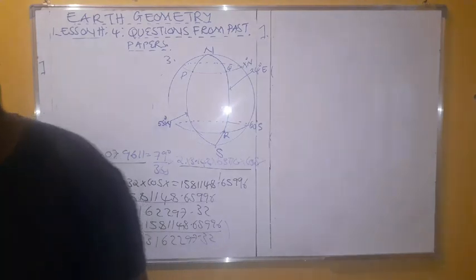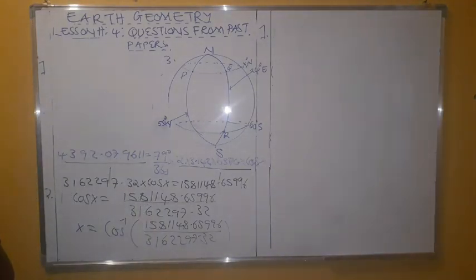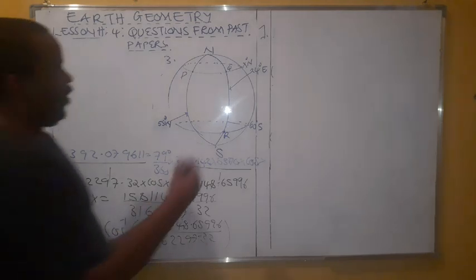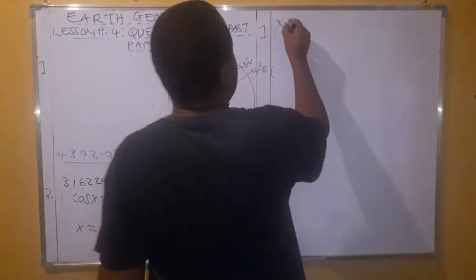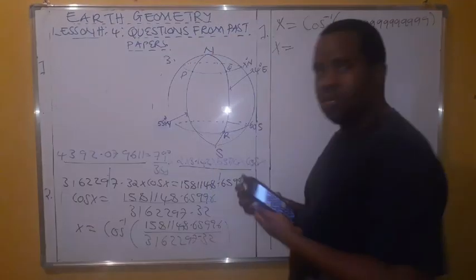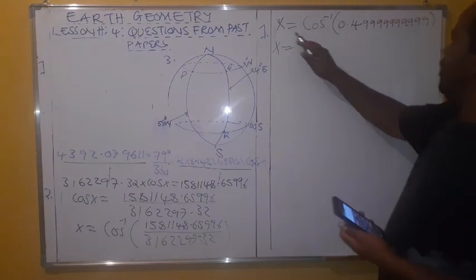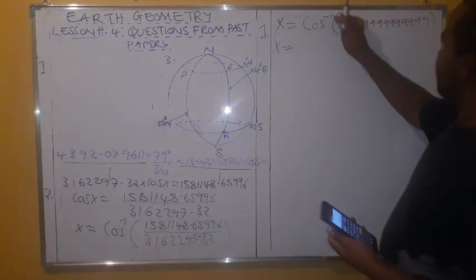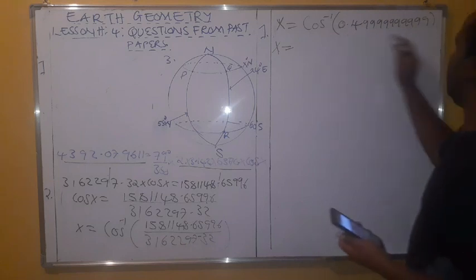Okay, so our final answer will be x is equal to cos inverse of this. When you divide this, this is what you are going to get.